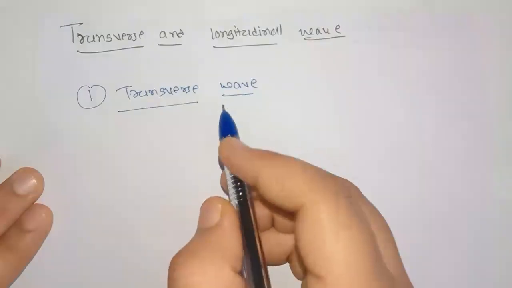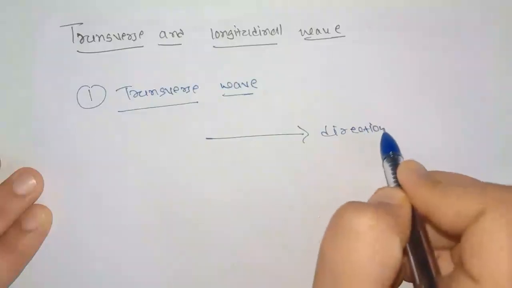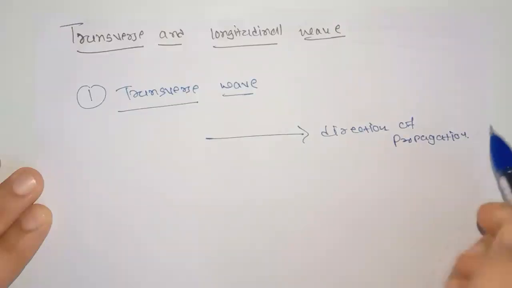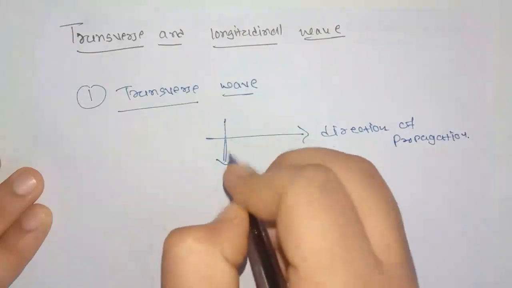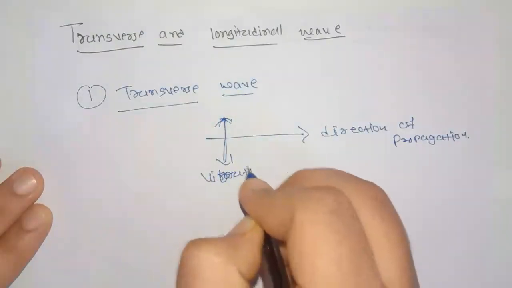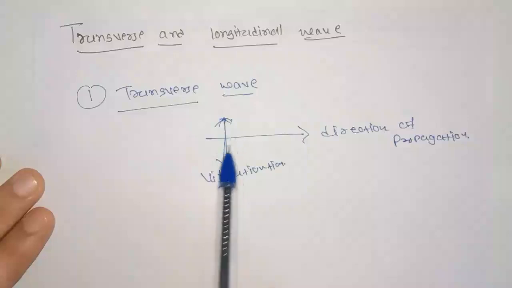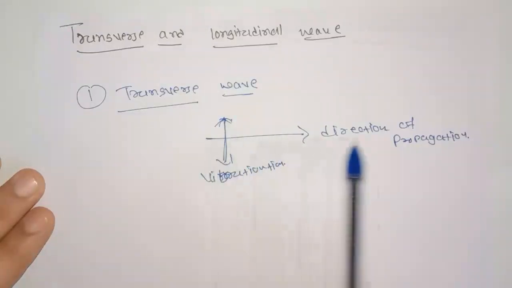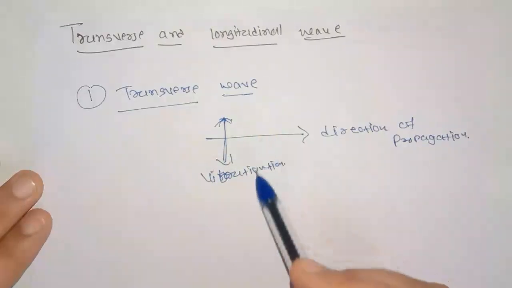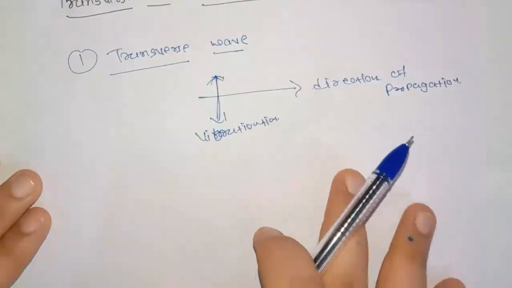In the case of transverse wave, the direction of propagation and the vibration of particles of medium, they both are perpendicular to each other. So if wave is propagating in this direction, the particles will be vibrating perpendicular to the direction of propagation. That kind of wave is called transverse wave.